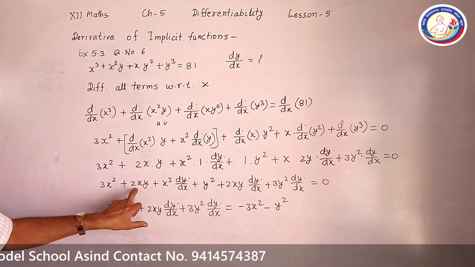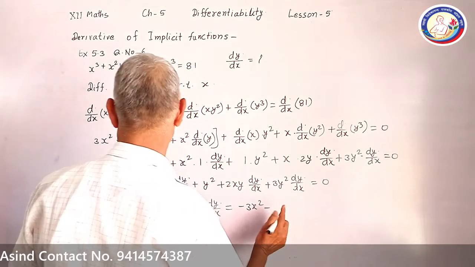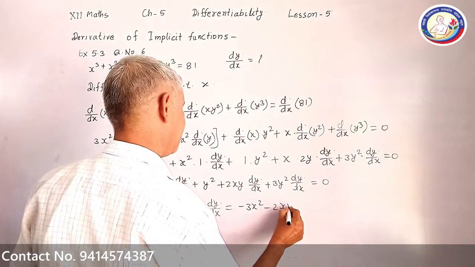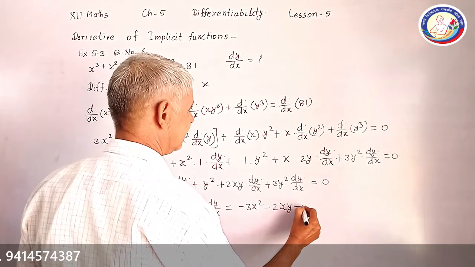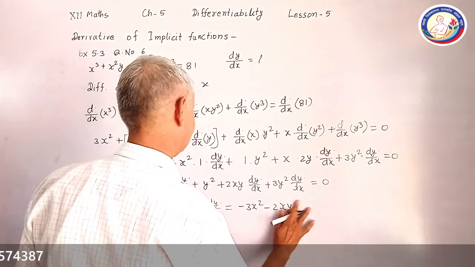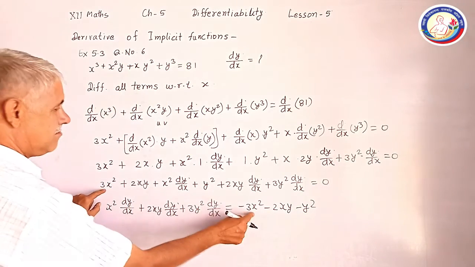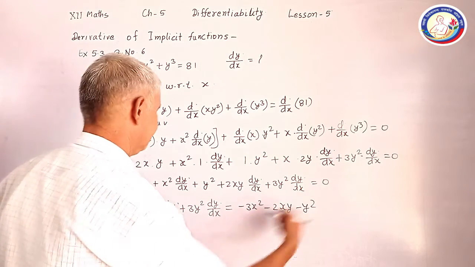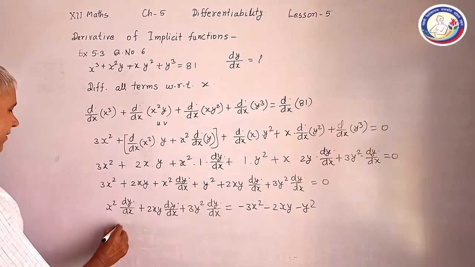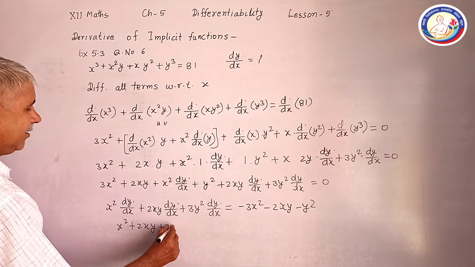We have left plus 2xy. So write it here. Minus 2xy. Minus y square. Now, x square plus 2xy plus 3y square.